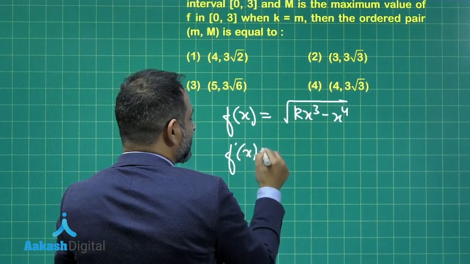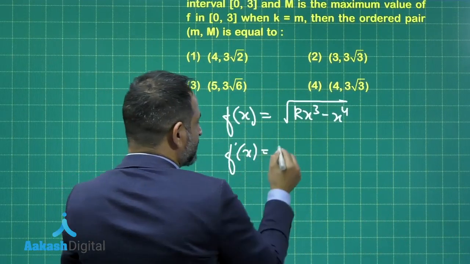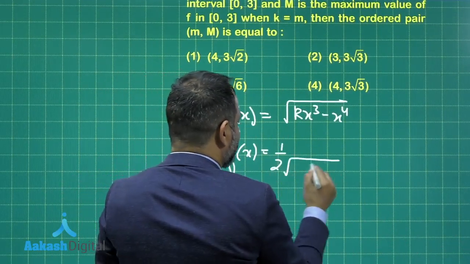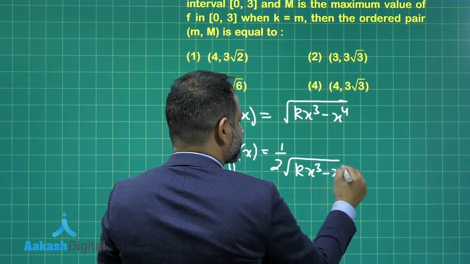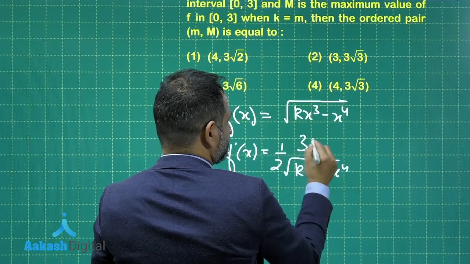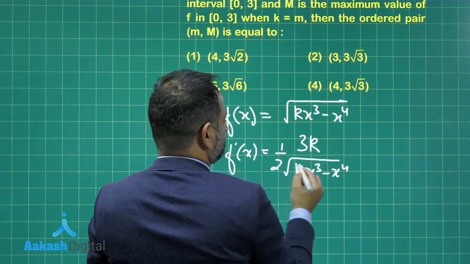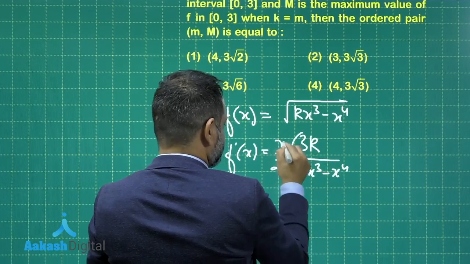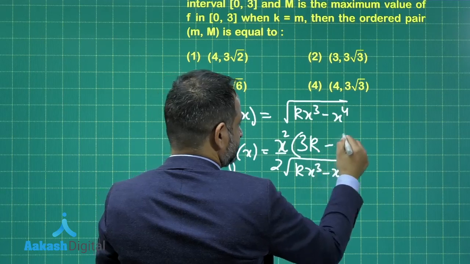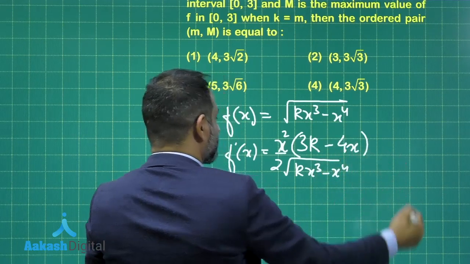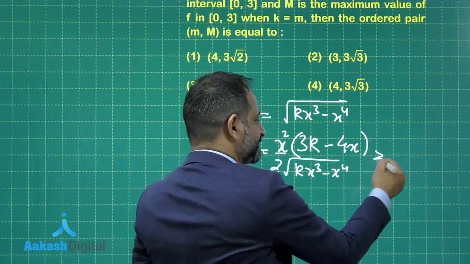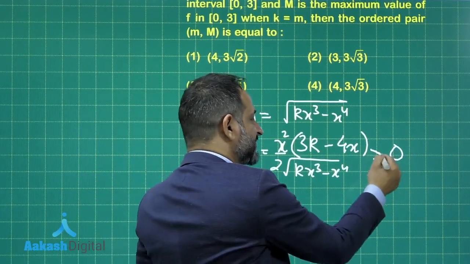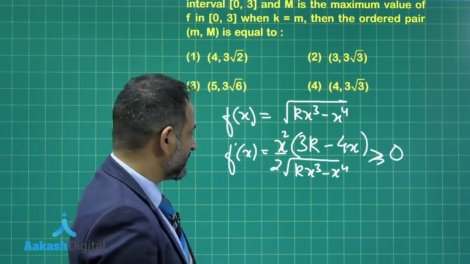It is given in the interval 0 to 3. So, this is what we have. Now, this is the derivative. Now, this has to be positive, since the function is increasing.